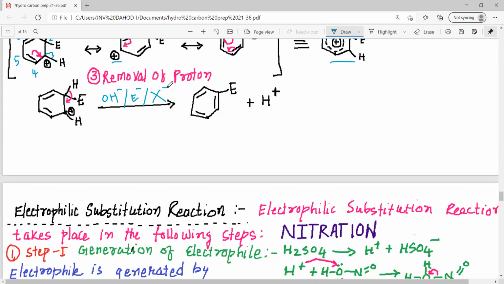So my dear students, when it combines with the OH minus, it gives water. When it combines with the E minus, it gives EH.